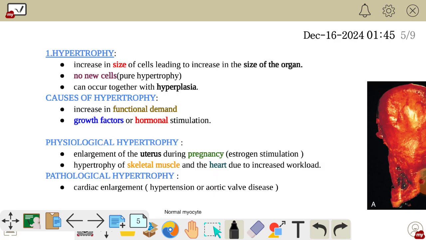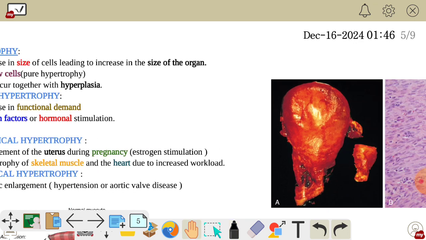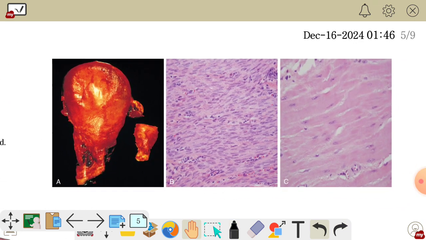So examples of hypertrophy are seen in normal or in pathological conditions. In physiological hypertrophy, we have enlargement of the uterus, okay? So during pregnancy, the uterus will enlarge due to the fetus which is growing in the uterus. I have this diagram here, which is simply showing the normal uterus.